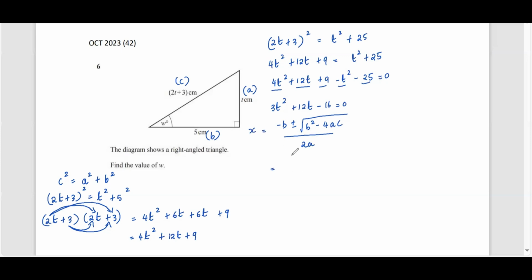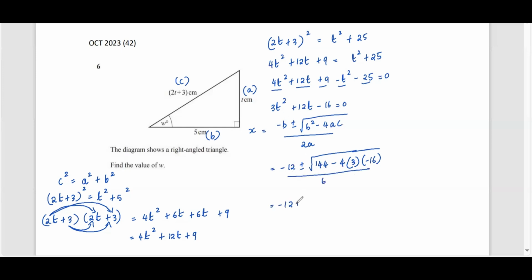So here b is 12, so minus b will be minus 12 plus or minus root of b square. B is 12, 12 square is 144, minus 4 into a is 3 and c is minus 16. The whole thing divided by 2 into a. 2 into 3 is 6.